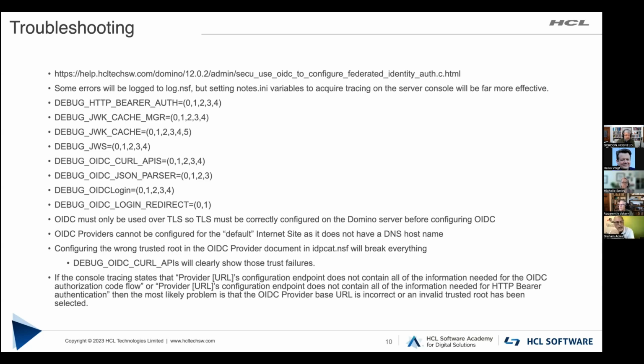Back to these Notes.ini settings, from a troubleshooting standpoint, are these documented, and presumably the 0, 1, 2, 3, 4 goes from no logging to verbose logging? Yes, the INIs themselves are in the documentation. The pattern that I try to use in all of my debug INIs is that 0 is disabled.